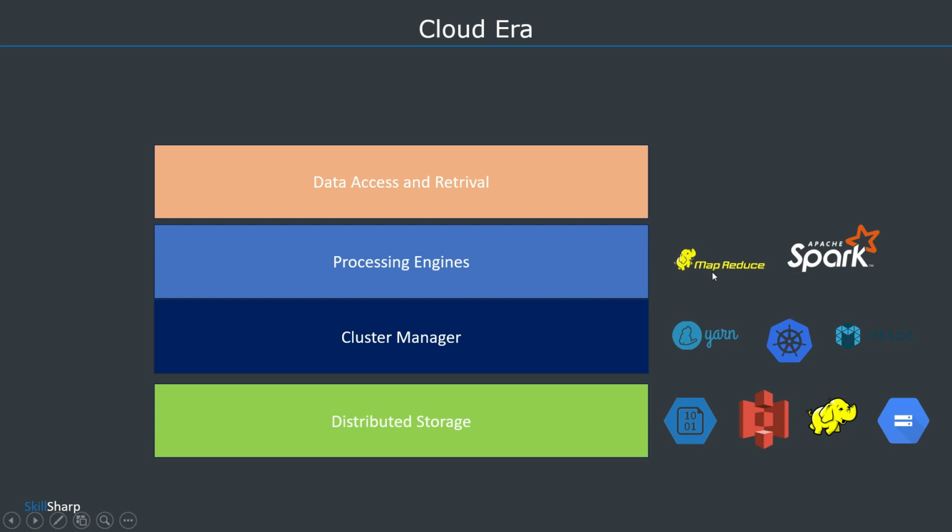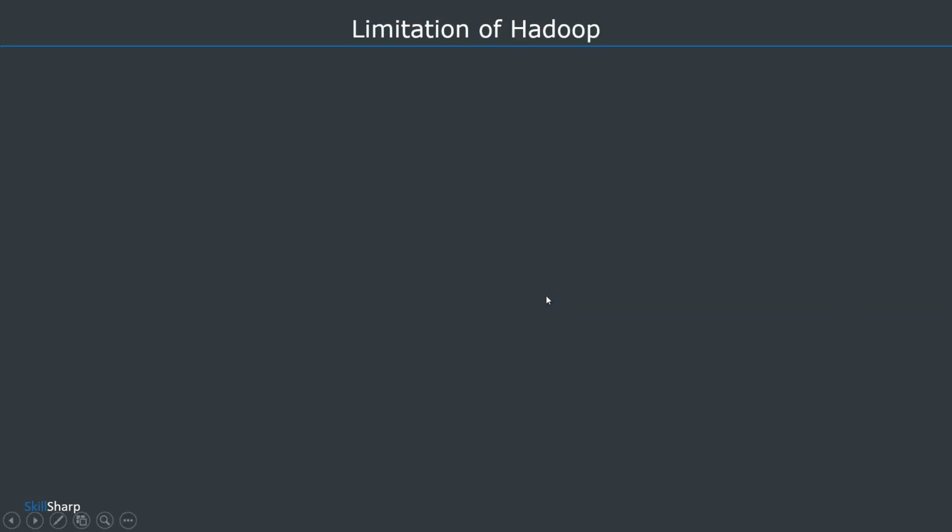For processing engines, Hadoop MapReduce is there, and one other more powerful and the most popular processing engine, Apache Spark, and some other data access and retrieval tools like HBase, Hive, Sqoop, Storm, Pig, etc., that are developed on top of Hadoop. This combination is known as lakehouse architecture or data lake architecture, adopted by most of the companies that are dealing with big data.